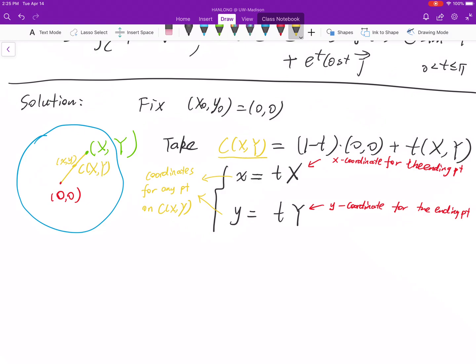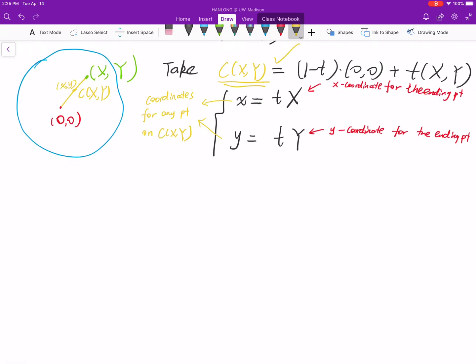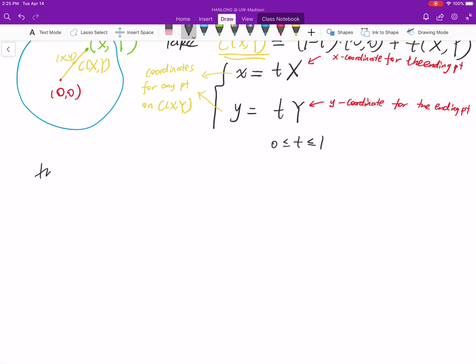Yeah, this is correct. Okay, then of course t is between 0 and 1. Then what do you have? Then f of xy. Recall this is the value at the ending point xy.